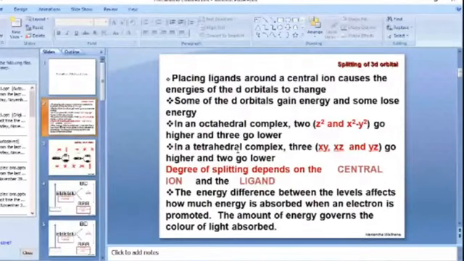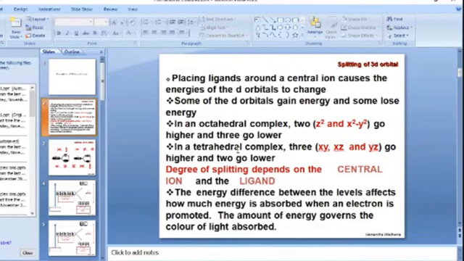In an octahedral complex, two of those orbitals go to higher and three go to lower energy. I will show you that in the next slide. In the tetrahedral complex, the three orbitals go higher and the two go lower. We'll see that in the next slides. Now, the degree of splitting depends on the central ion and the ligand.